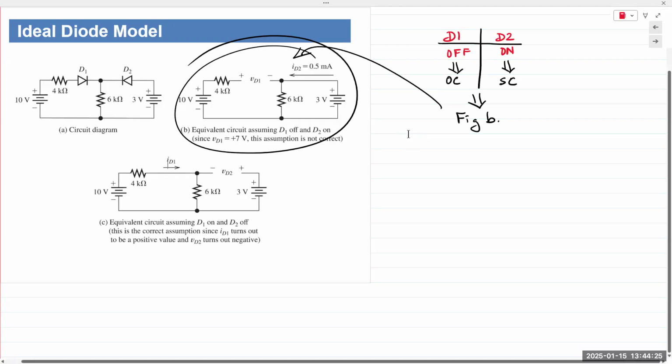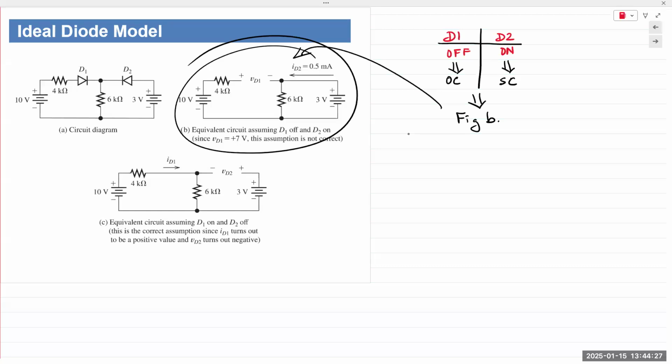So in this case, it's rather simple because we only have one voltage source, 3 volts. I can apply Ohm's law and determine the current flowing through that diode.